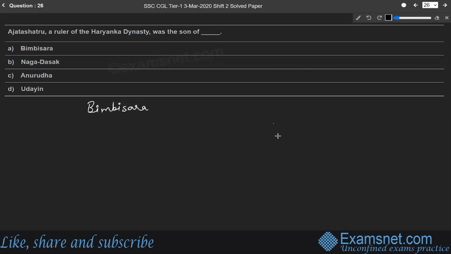He was also a contemporary of Buddha, and he also started the policy of annexation and expansion. And after starting that policy, he was then succeeded by his son Ajatashatru.